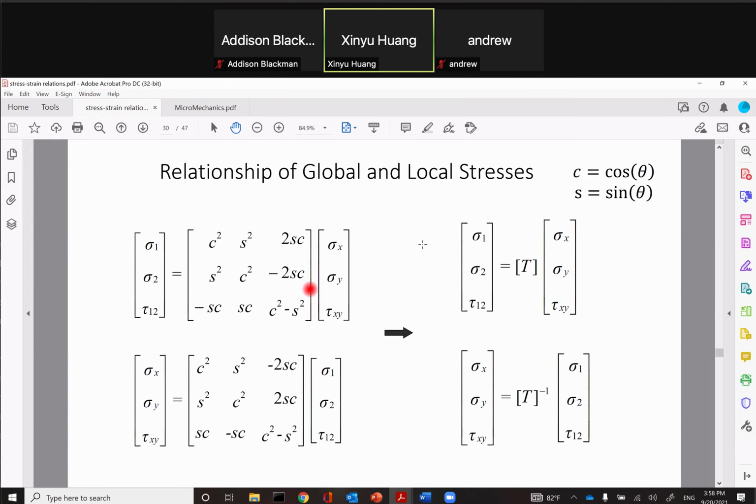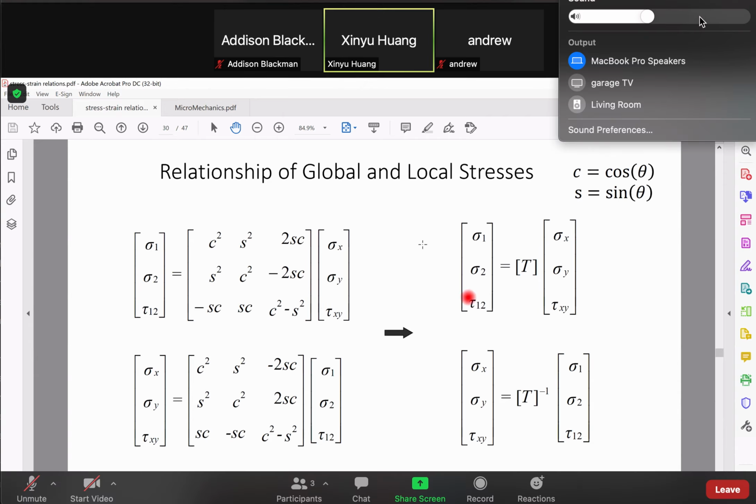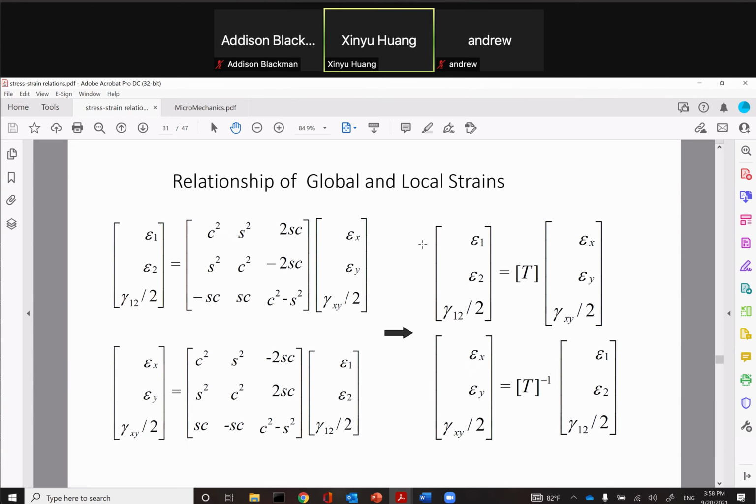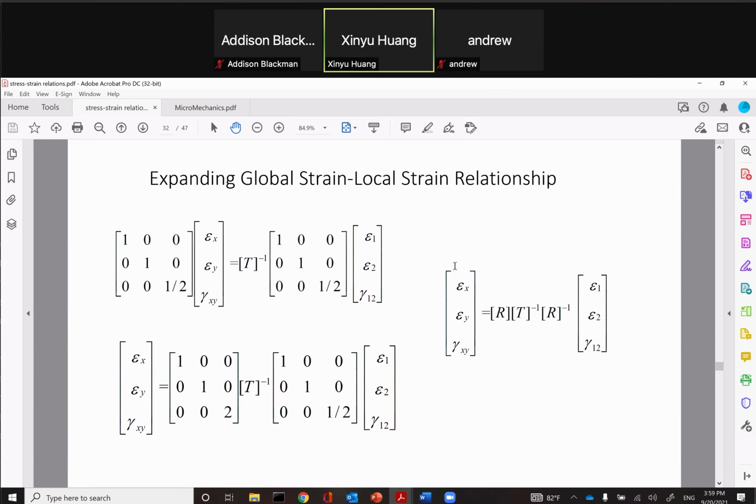So you can transform your stress from 1, 2 to XY coordinates through the matrix T. Similarly, you can transform your strain. The XY coordinate strain and the 1, 2 coordinate strain can be related. We learned these. You do the transformation, you simplify, and you get this.